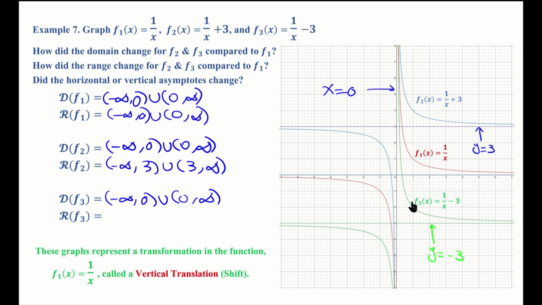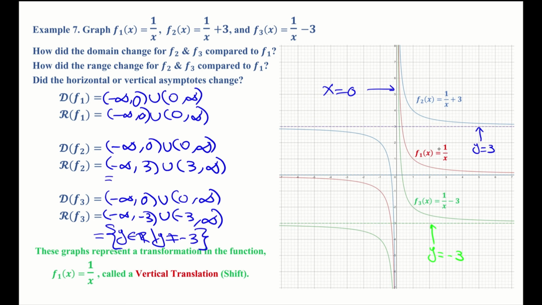For f3, which is down here, notice this function only misses the y value here. It never crosses y equals negative 3. So the range will be all y values from negative infinity to negative 3 union negative 3 to infinity. In case you're wondering what that looks like in set builder notation, that's all y in R such that y does not equal negative 3.